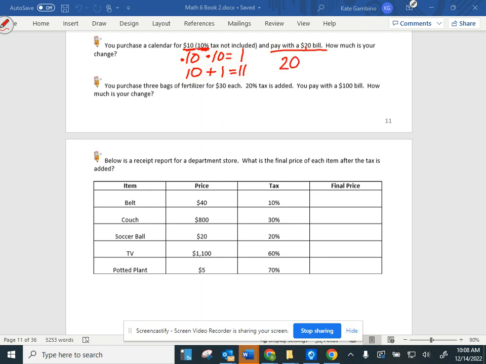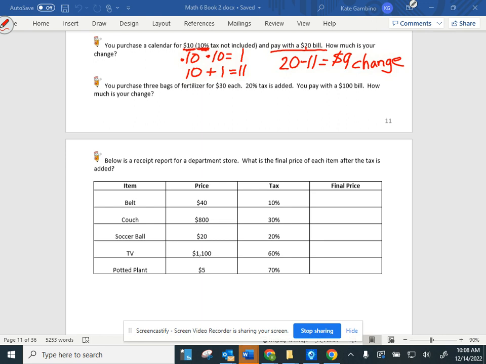How about we start with our bigger number first and do 20 minus 11. I don't want to go into negative numbers with my change here. 20 minus 11 gives me $9 in change. So this was a two-step problem. First, you had to find the total, how much you would pay with tax, and then you had to subtract that away from your $20.